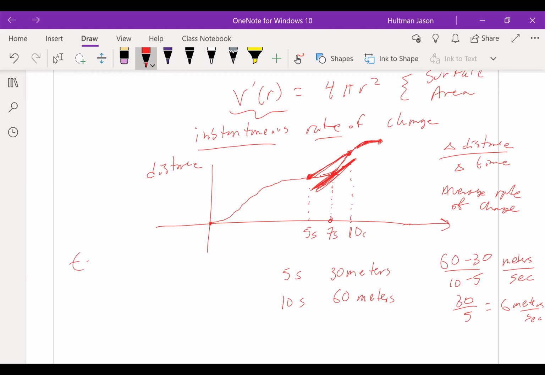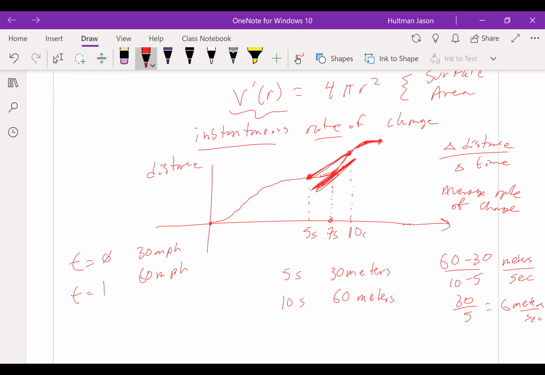At some specific time value, you're going 30 miles per hour. After another time increment, maybe it's 1 hour, you're going 60 miles per hour.